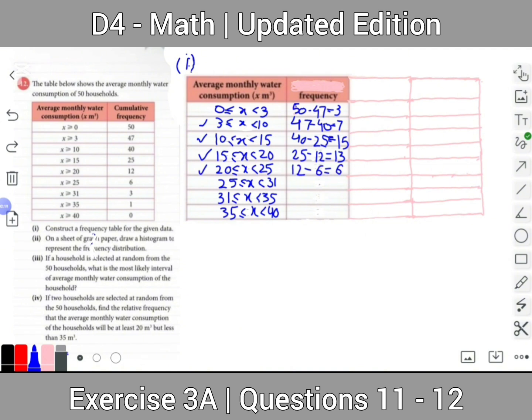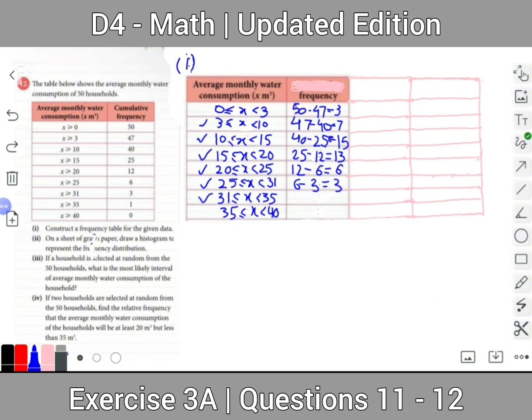To find the frequency for the class interval 25 to 31, subtract the cumulative frequency of the next class interval 31 to 35 from that of the current class interval 25 to 31. So 6 minus 3 is equal to 3.